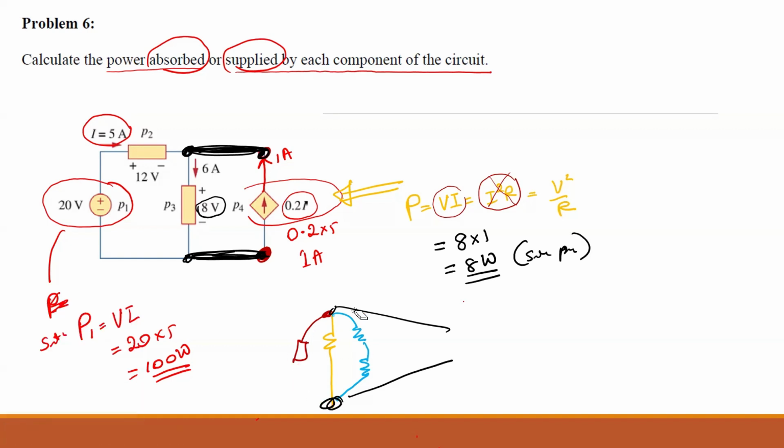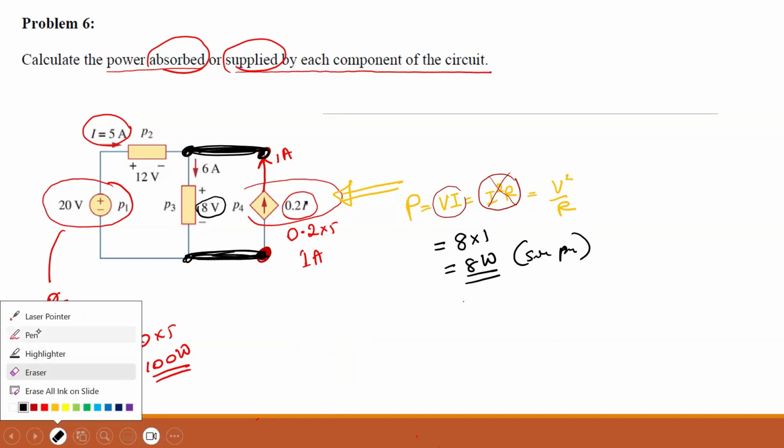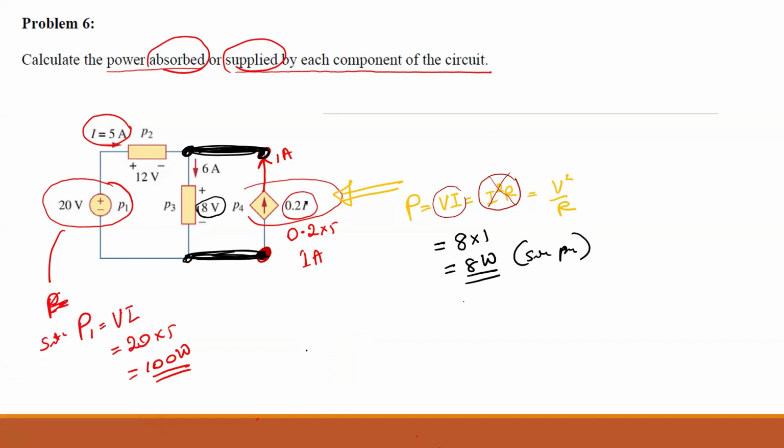Any question? Now the rest is easy for you guys. Then we have 2 resistors. P2, voltage is 12, current is 5. So this is 60 volts. And P3, the voltage is 8 and the current is 6.